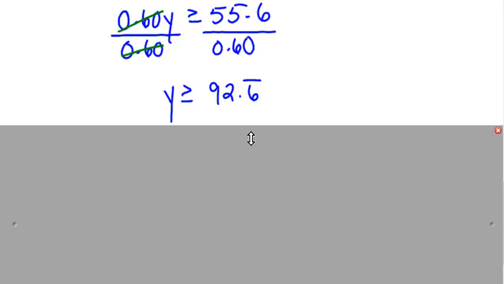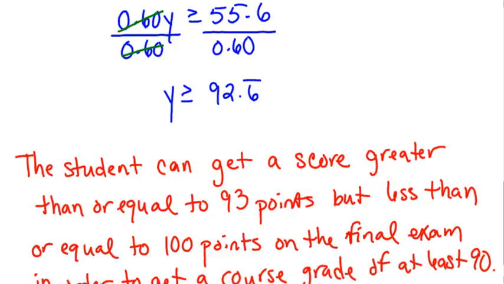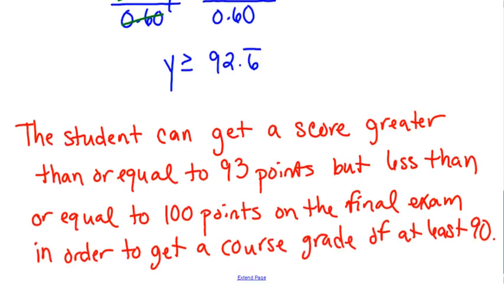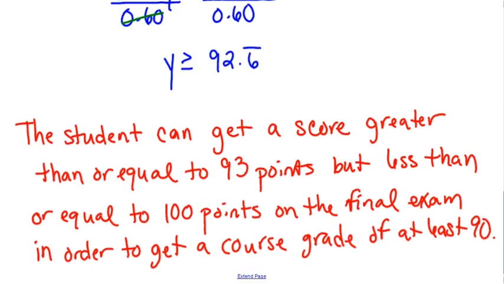So the student has to score at least 93 points, and we also have to remember that the maximum score on the final exam is 100 points. So in order for the student to earn a score of at least 90 in the course, that student would have to score greater than or equal to 93 points on the final, but less than or equal to 100 points to make that happen.